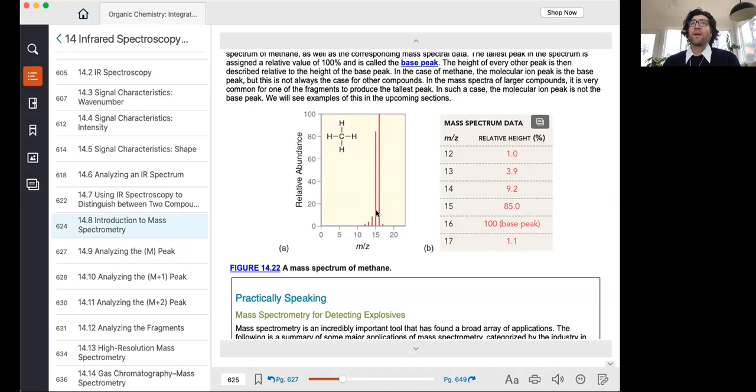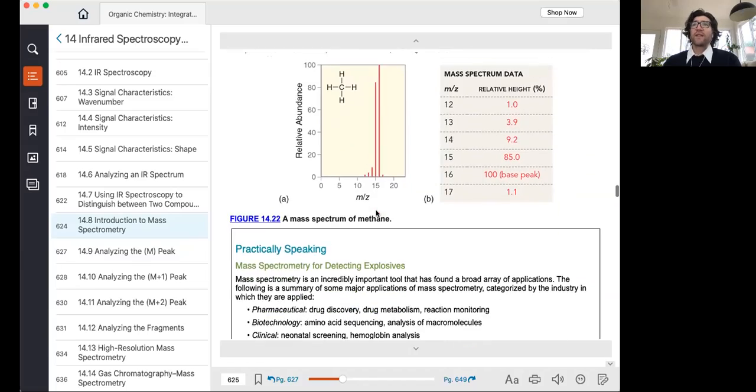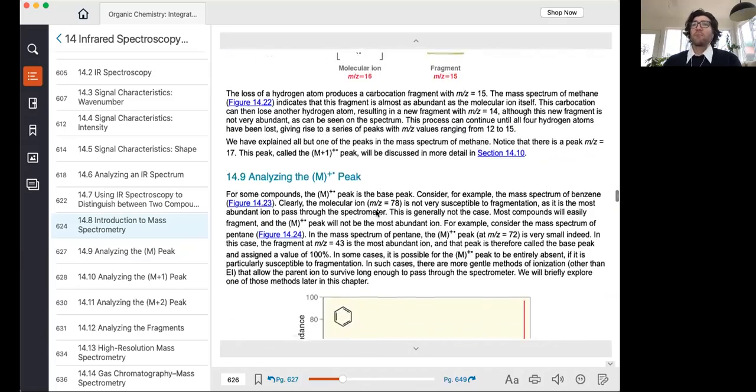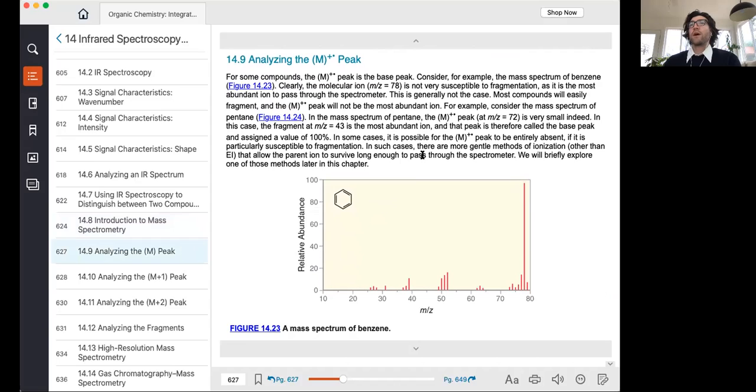Sometimes they can get a little hard to read, but hopefully you can stick with me here. All right, so in analyzing the M plus peak, the book wants us to understand how to find it every time. They show us benzene first. In benzene, what is clear is that the base peak is also the molecular ion, 78.